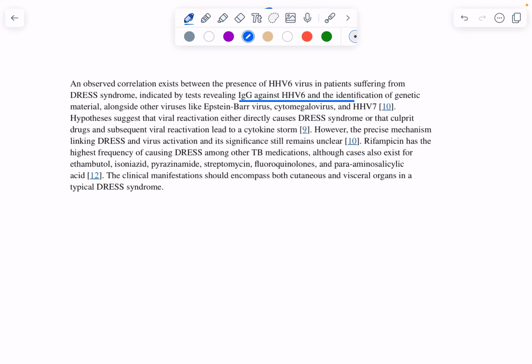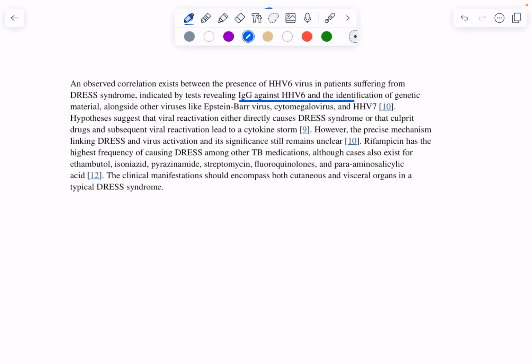So it's simple. See, they found an HHV6 and Rett syndrome correlation. And what is the test of proof? IgG acting against HHV, and also other viruses like Epstein-Barr virus, cytomegalovirus, and HHV are also there, with correlation with Rett syndrome. So what will I say?